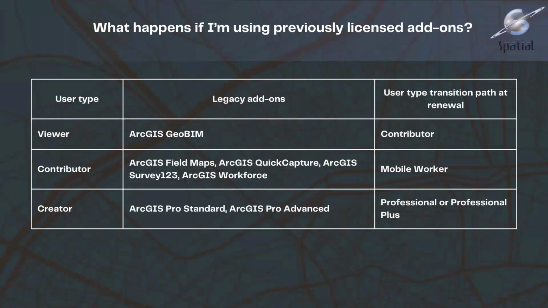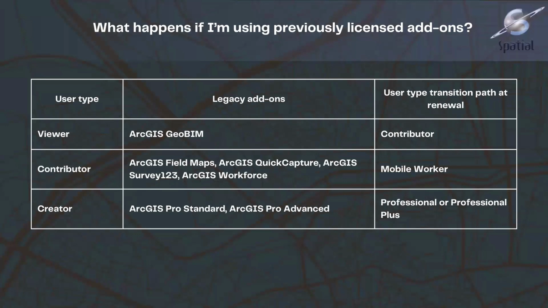Another question is, if you're using previously licensed add-ons between the June release of ArcGIS Online and the next renewal, all previously purchased add-ons will still be assigned to the users and provide the same level of access to capabilities and apps. And this is true even if the add-on licenses are no longer available to purchase, or no longer compatible with the user types that they're assigned to.